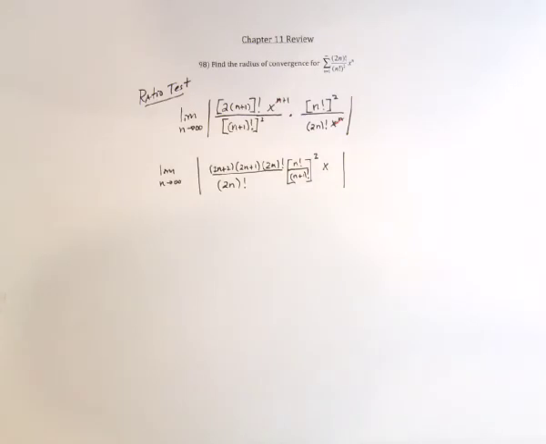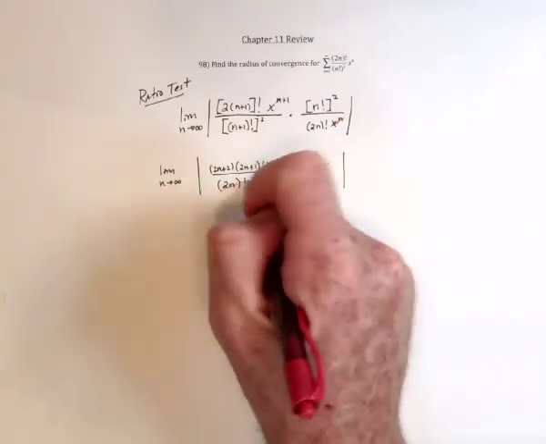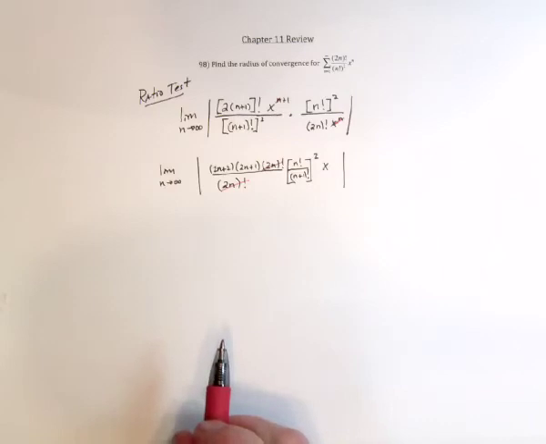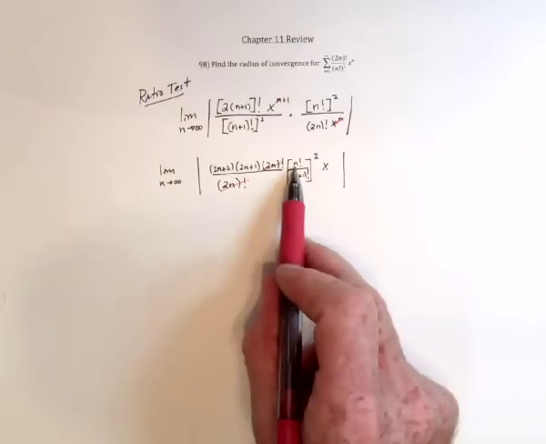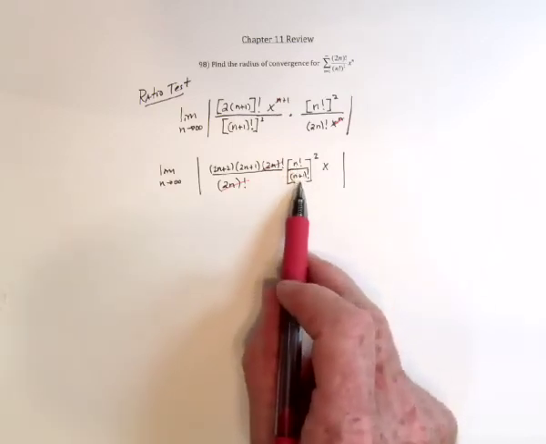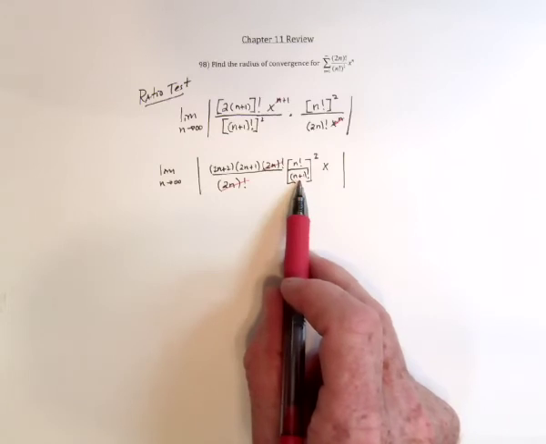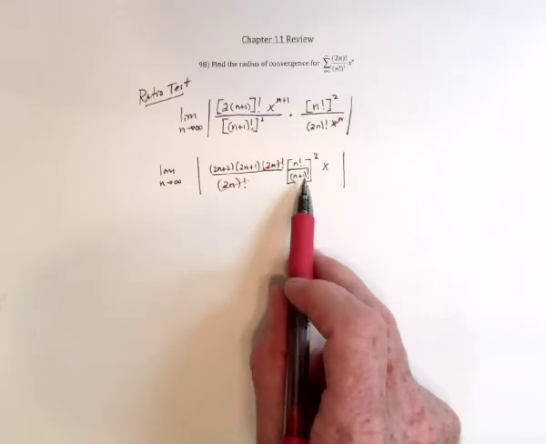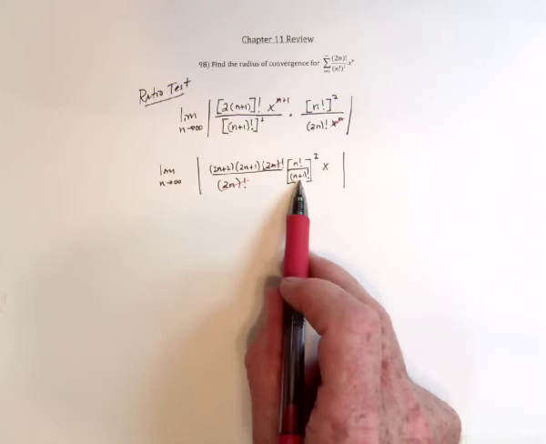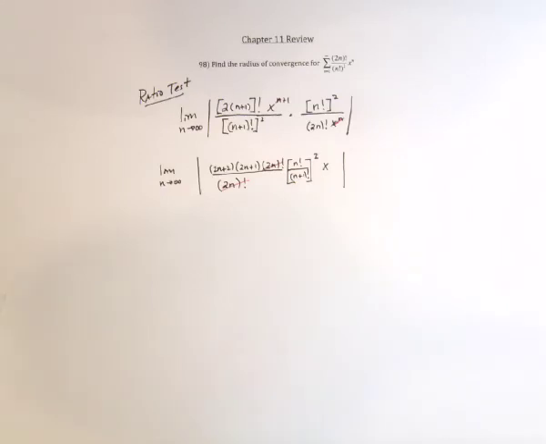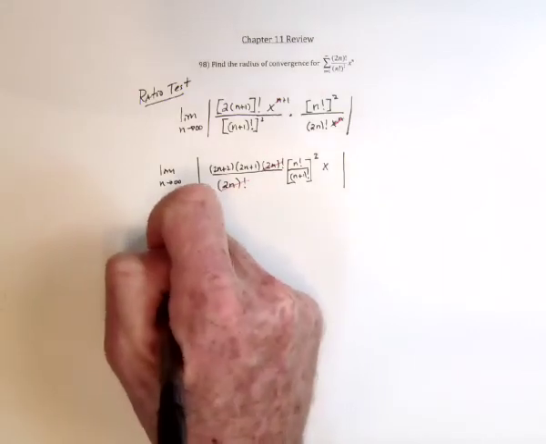So now we're ready for the canceling. 2n factorial and 2n factorial cancel. So this is saying something like 10 factorial divided by 11 factorial. So that means that pretty much everything cancels except that 11. Or in this case, the n plus 1 being squared. Okay, almost got it.